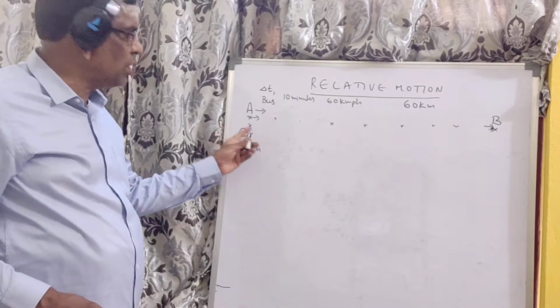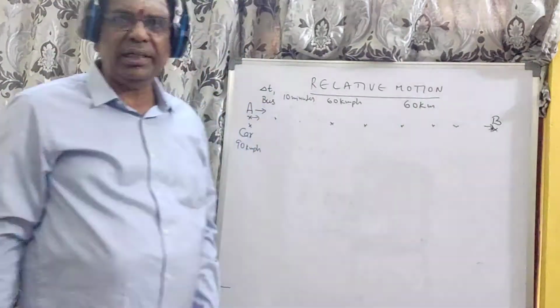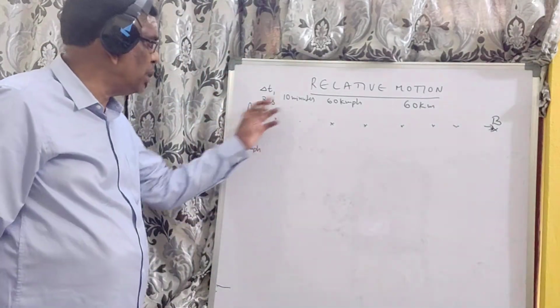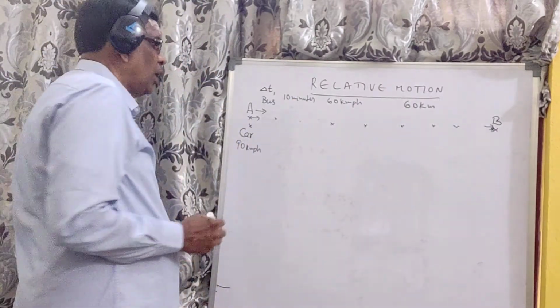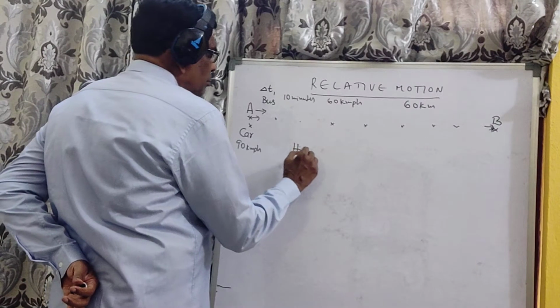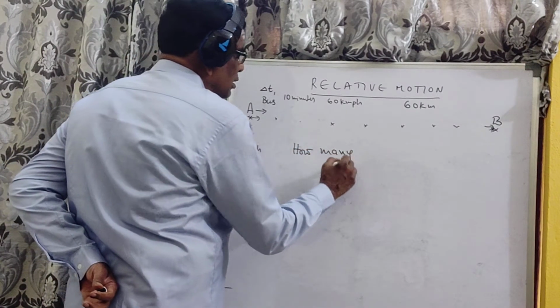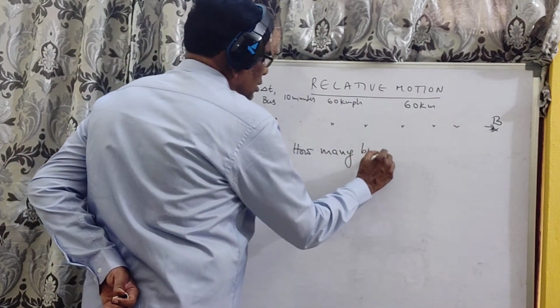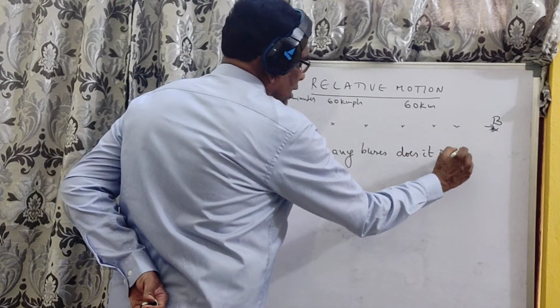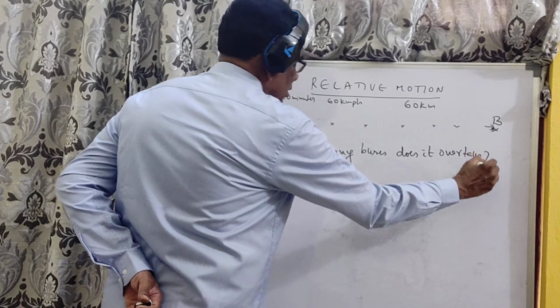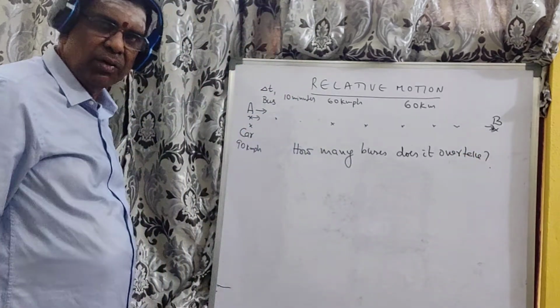This condition is important. Now, by the time the car reaches B, how many buses does it overtake? This is the question. Okay?